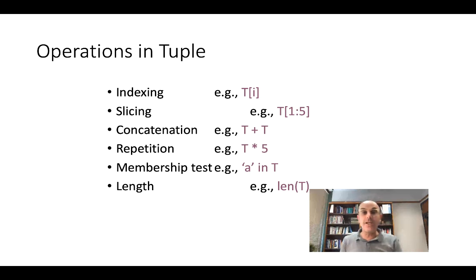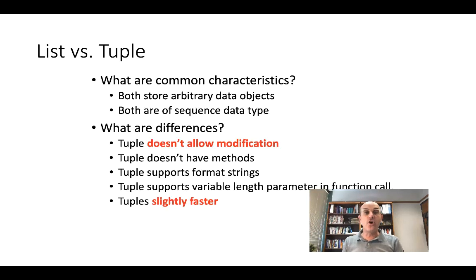The operations in that type are indexing, slicing, repetition, and length, and so on. So list versus tuple, there are common characteristics. Both store objects, both are a sequence data type. What is the difference is that the tuple does not allow modification.